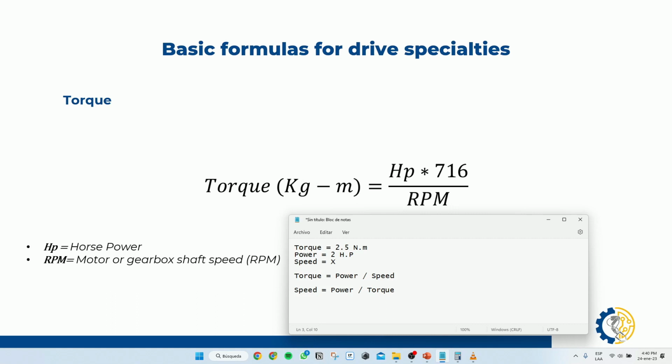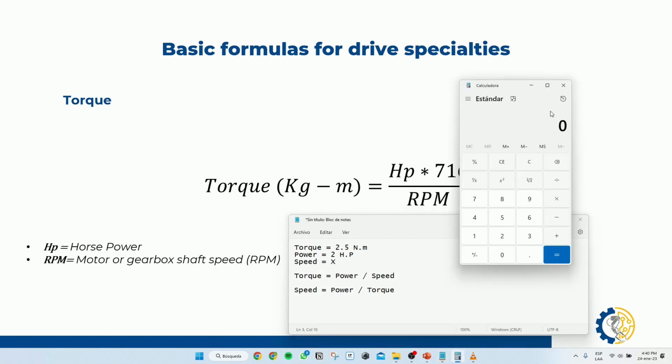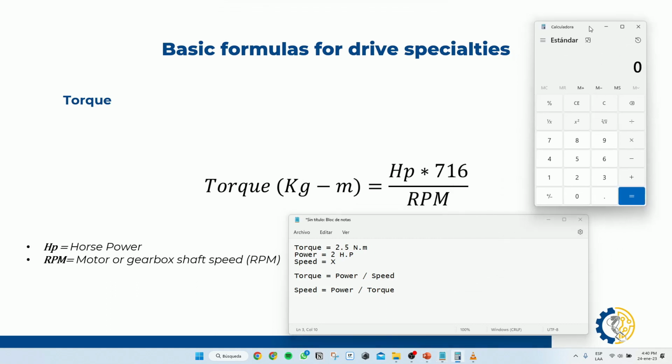So if I substitute, let's go with our trusty calculator. If I substitute this data, it will be potency, 2 HP, times 716, which is our constant.